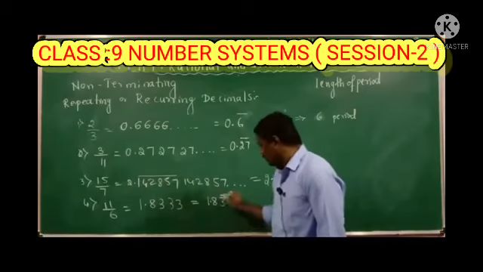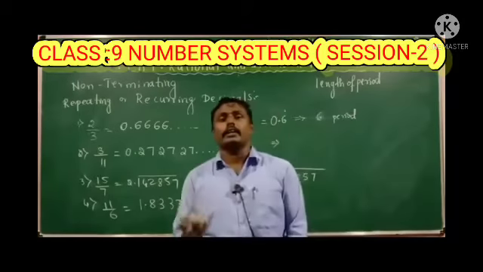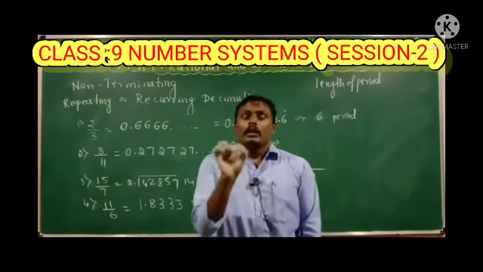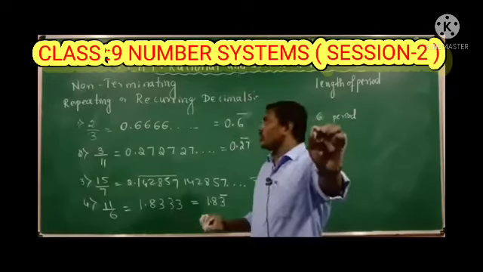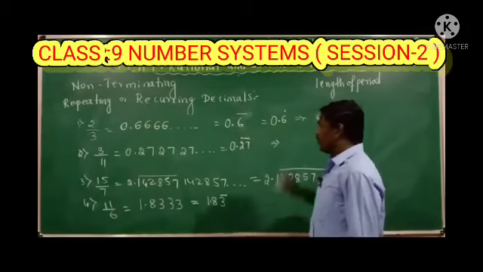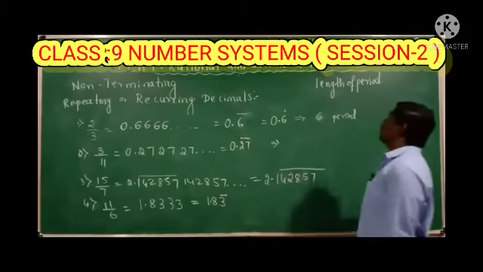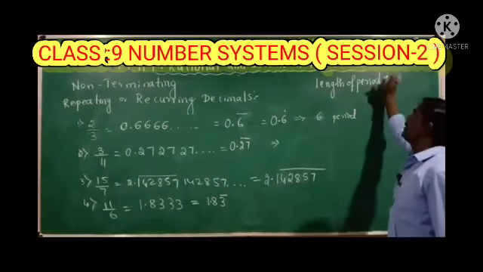In this one, 3 is the recurring number. We usually represent the recurring or repeated numbers in a non-terminating value with the help of bars or dotted points. Okay. And one more main concept is the length of the period.